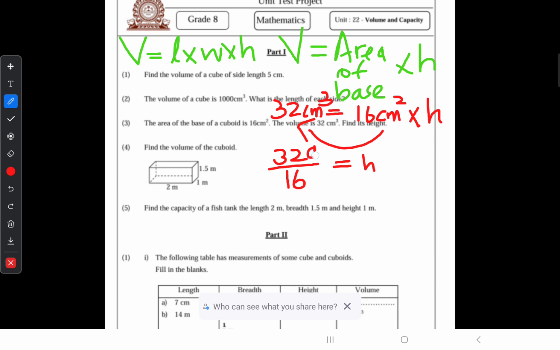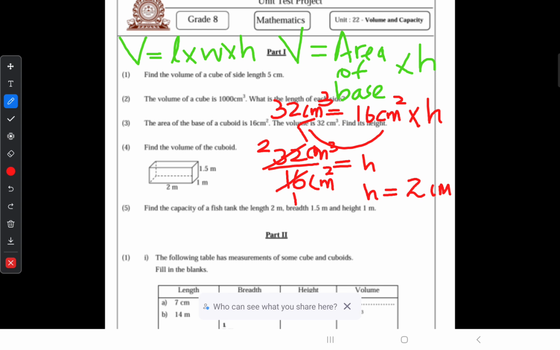The units are cubic centimeters and square centimeters. 32 divided by 16: 2 16s are 32. Our height should be 2 centimeters.